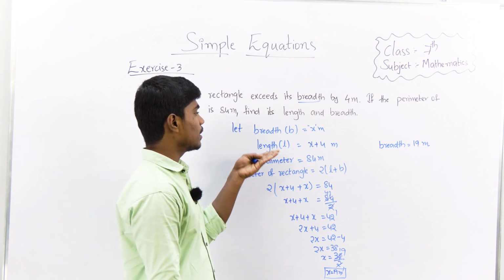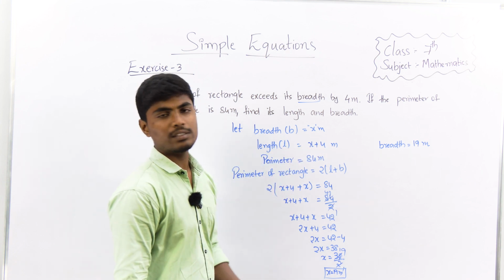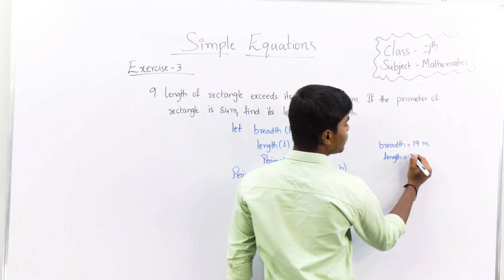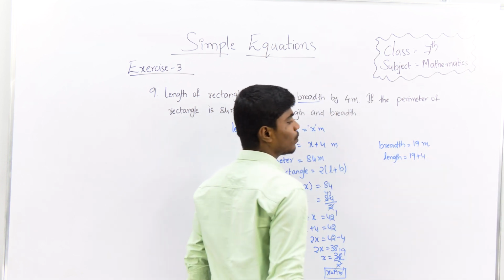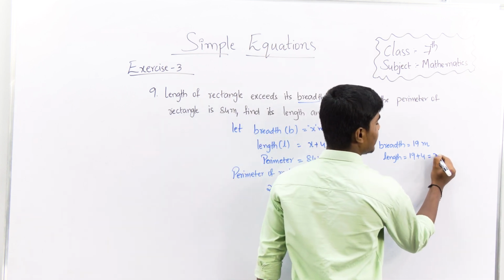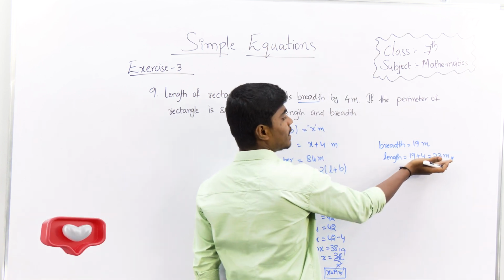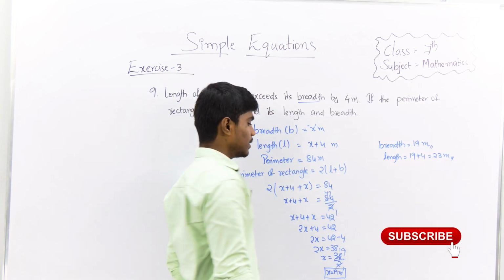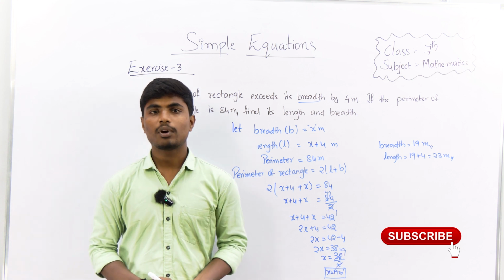Next, length is equal to x plus 4, so length is 19 plus 4, which is 23 meters. So length is 23 meters and breadth is 19 meters. This is the solution for the 9th problem.